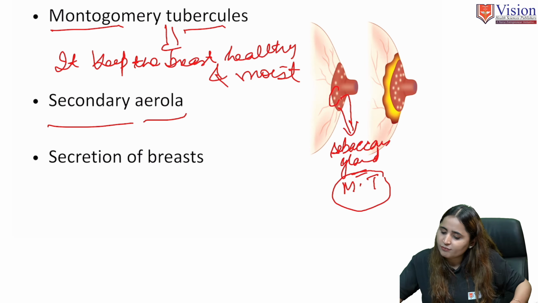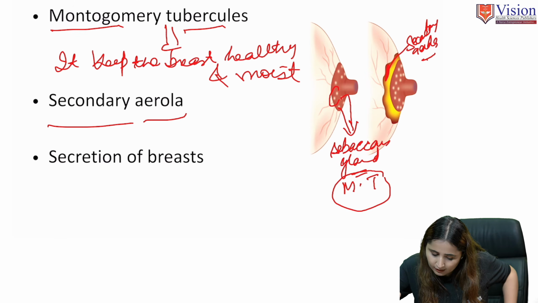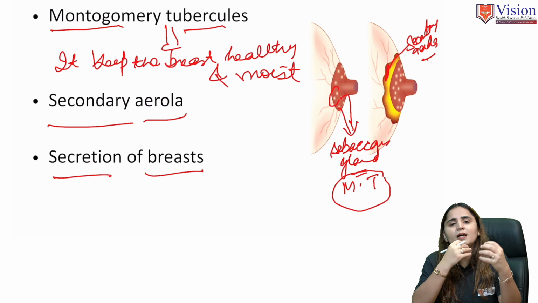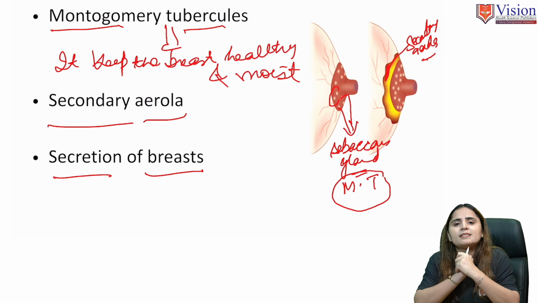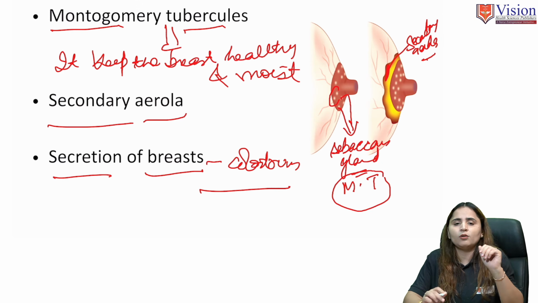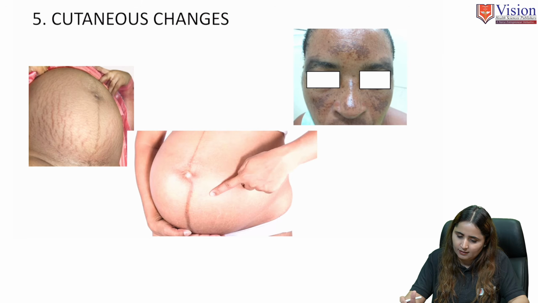Along with this, there is formation of the secondary areola in pregnancy. And there is some secretion from the breast from the second trimester of pregnancy, which is called colostrum. So this colostrum secretion starts from the second trimester.